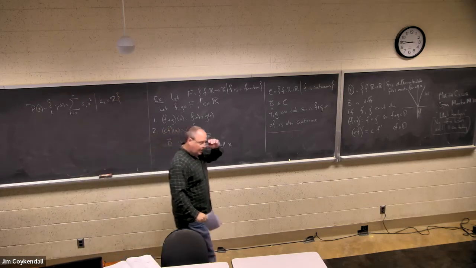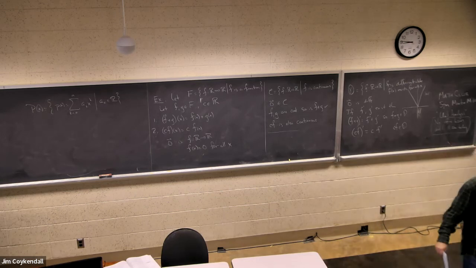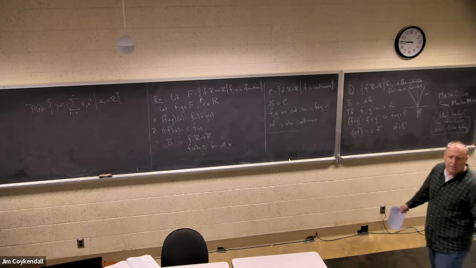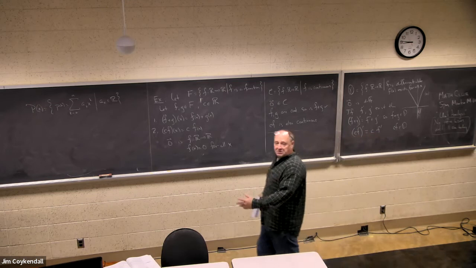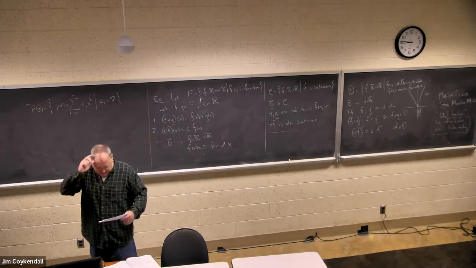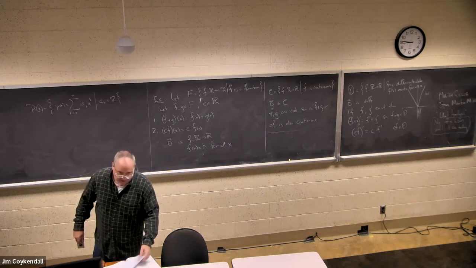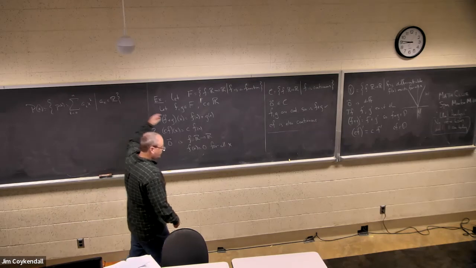Y'all remember polynomials, right? Things like 2 and x and 4 plus x^17 plus x^29 plus radical 2 x^30. Right? These are polynomials. You can think of these polynomials as functions, right?